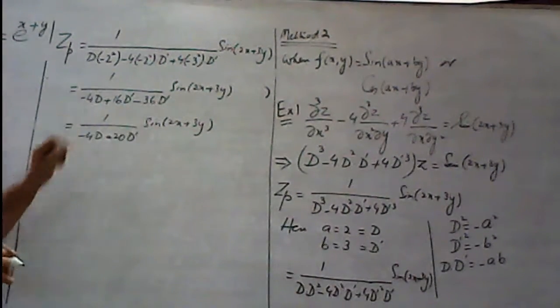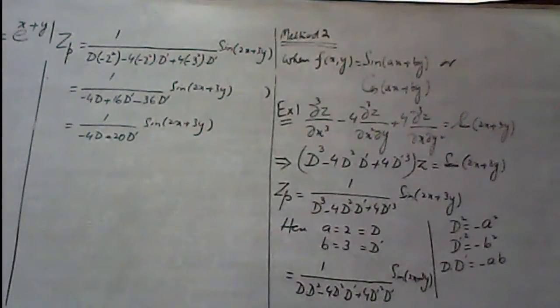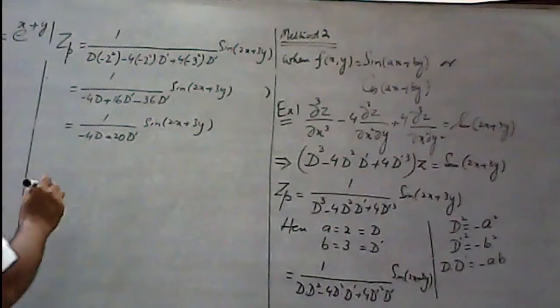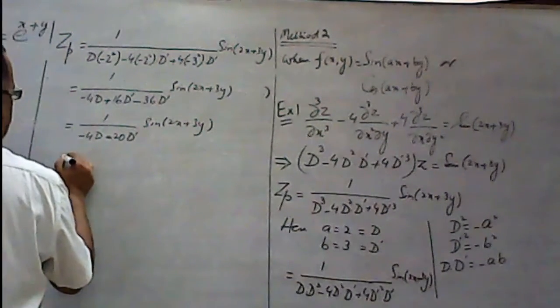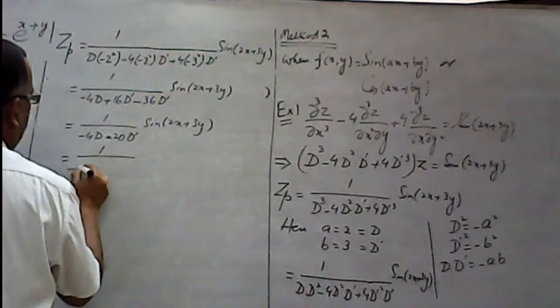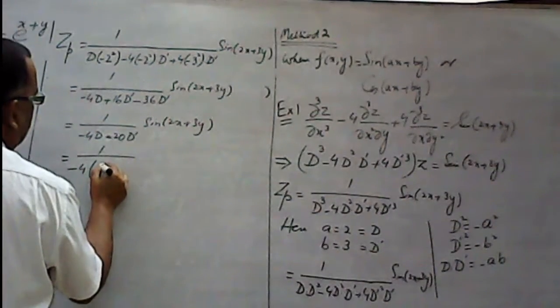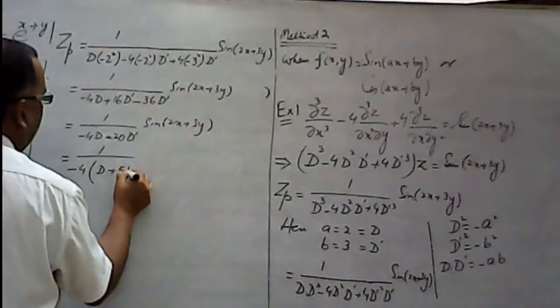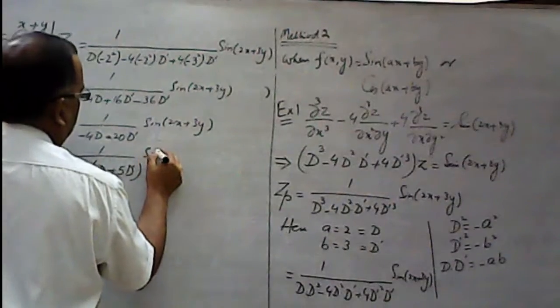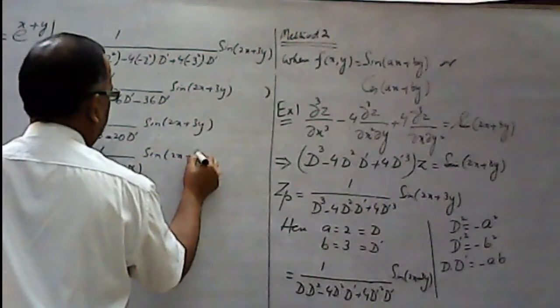Minus 36 plus 16 is minus 20. Simplifying one more step, minus 4 is common in this, so D plus 5D dash of sin(2x+3y).